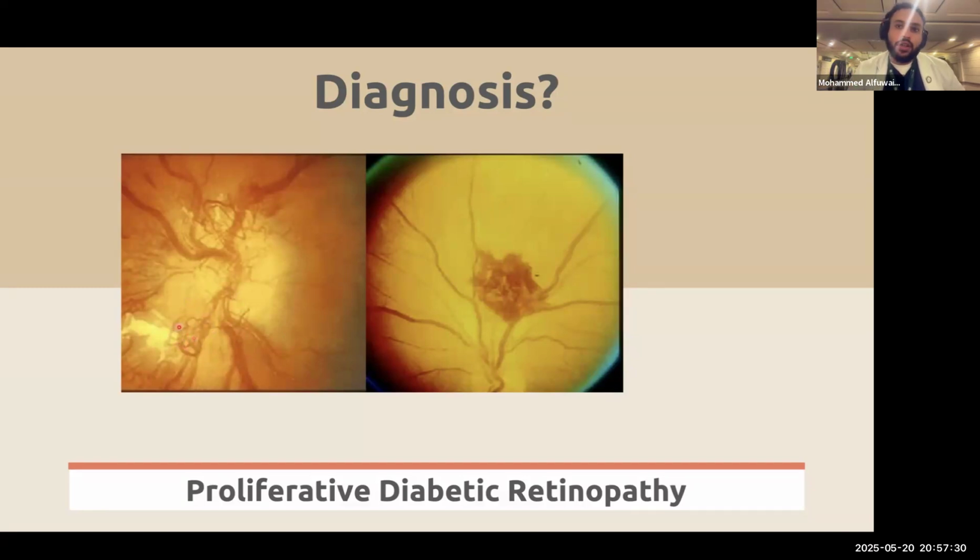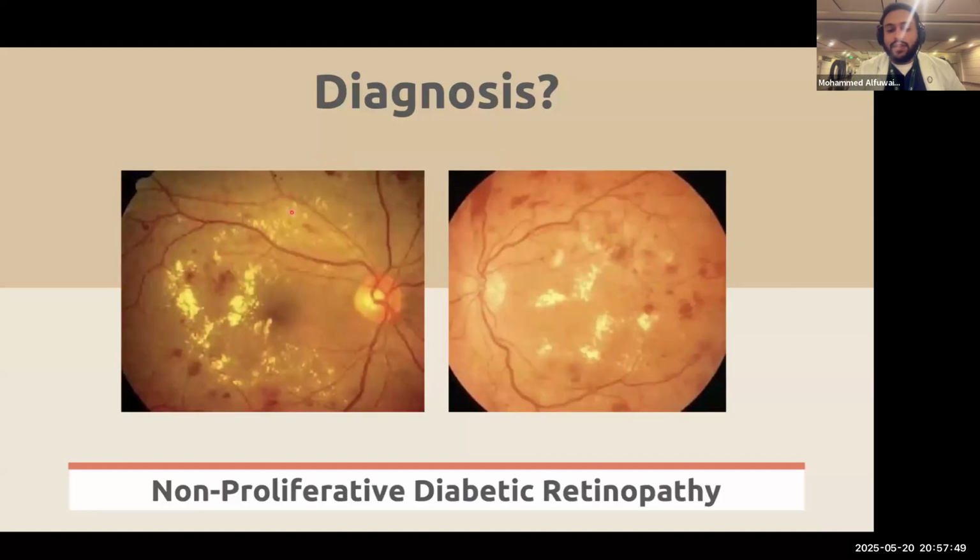Now, the neovascularization can happen at the disc or it could be elsewhere. Tamam. At this point, this is at the disc, and this is elsewhere. You can see, for example, very thickened blood vessels. You might see a little bit of bleeds, for example, here or here. And then in non-proliferative, you have all these exudates, and microaneurysms and microbleeds. These are microaneurysms, and then these are bleeds.